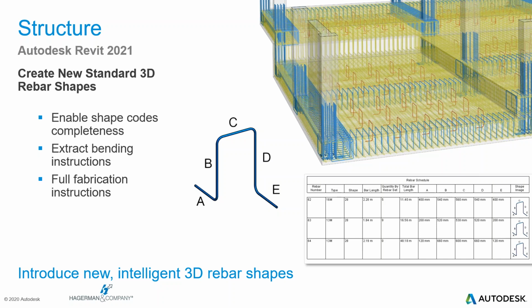You can also use the rebar shapes with 3D hooks inside path reinforcement to distribute rebar standees in your structural project. So thanks to this new functionality, structural engineers and detailers can now model standardized 3D rebar shapes, extract bending instructions, and provide full fabrication data for rebar.